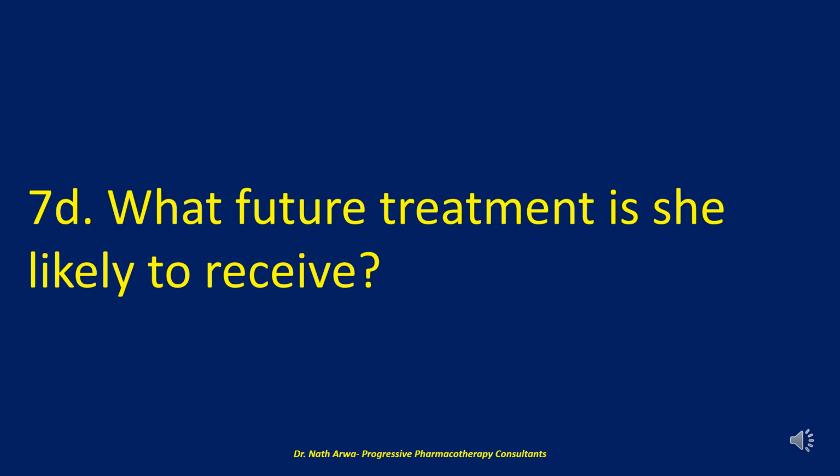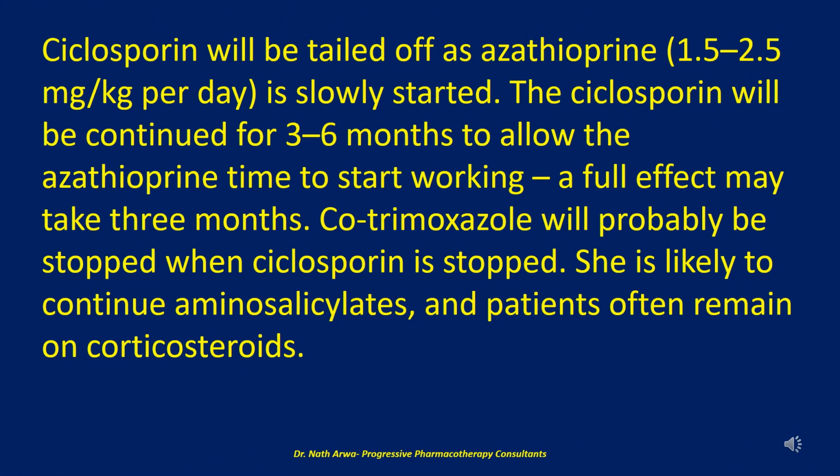Question 7d reads, what future treatment is she likely to receive? Cyclosporin will be tailed off as azathioprine, dosed at 1.5 to 2.5 mg per kilogram per day, is slowly started.